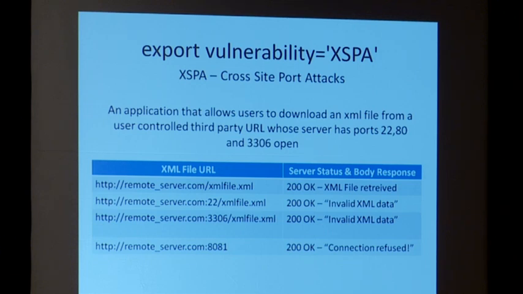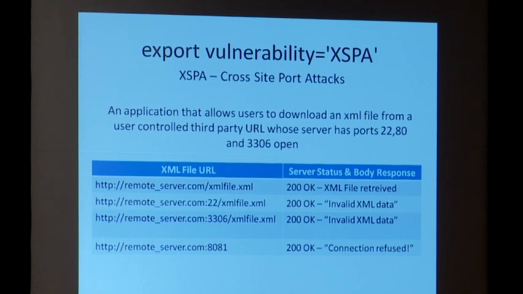So based on this, what ports are open and what ports are closed? Anybody? So on remoteserver.com, what ports are open, and what port is closed? You know for sure that 80 is open. What other ports are open? Right, so 22 and 3306, the MySQL server port, are open.